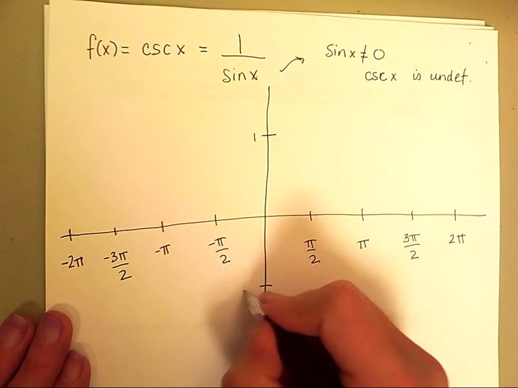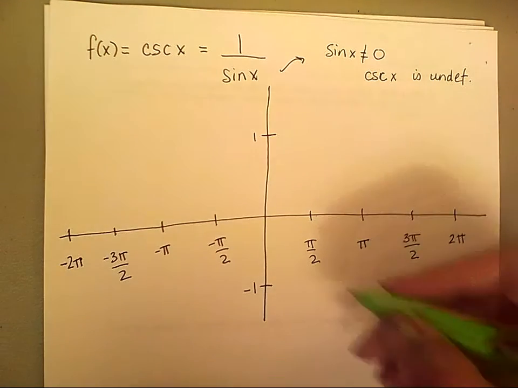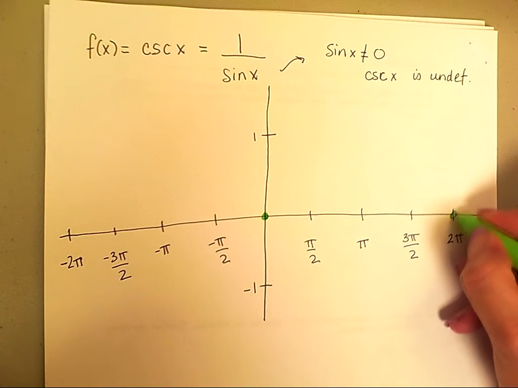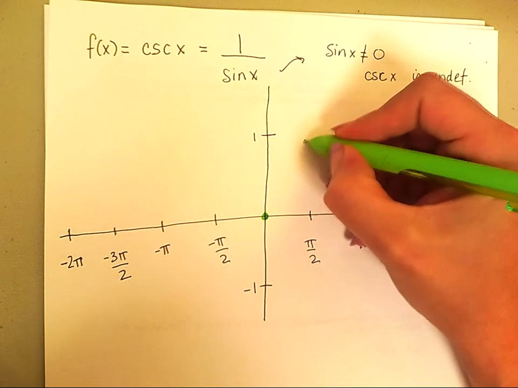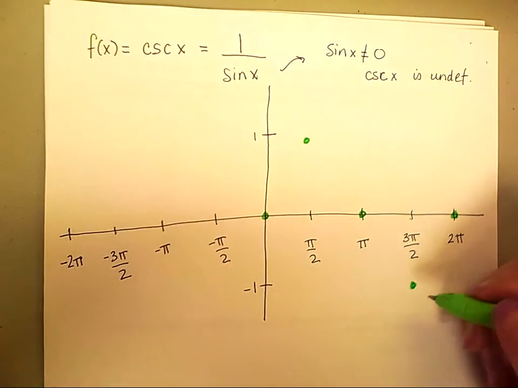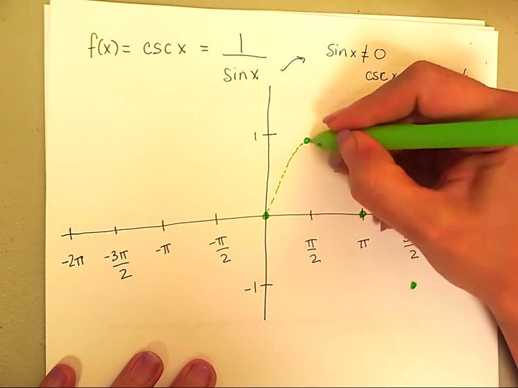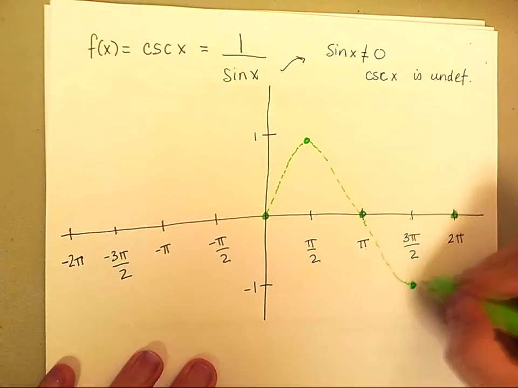And then we'll come up here for 1, and down here for -1. So sine, let's put our guide in for that. Sine starts at 0, ends at 0, halfway in between is 0, halfway in between it peaks at 1, halfway in between valleys at -1. And then I'll just dash this in because I'm going to use it as a guide for cosecant. It's not really part of the graph.